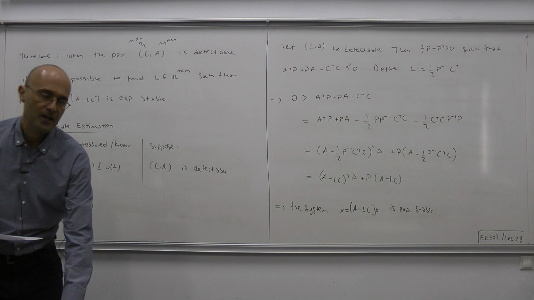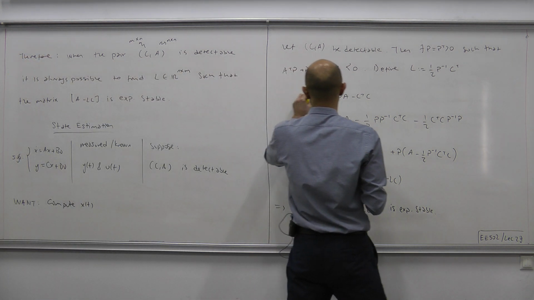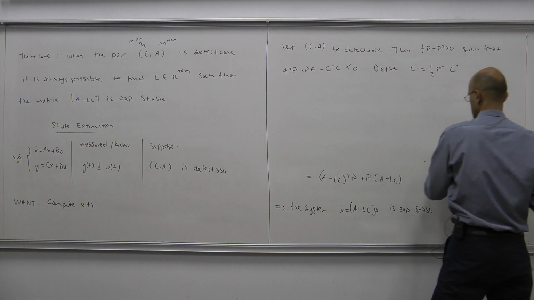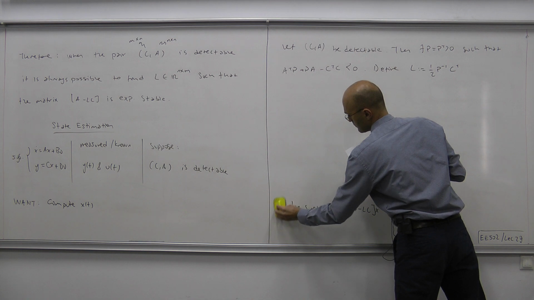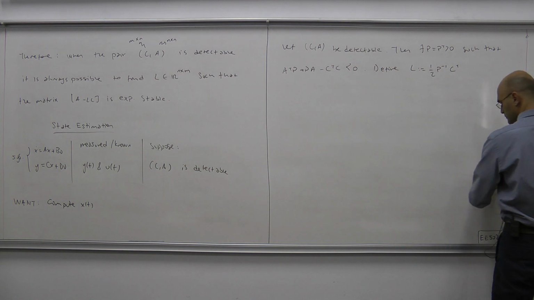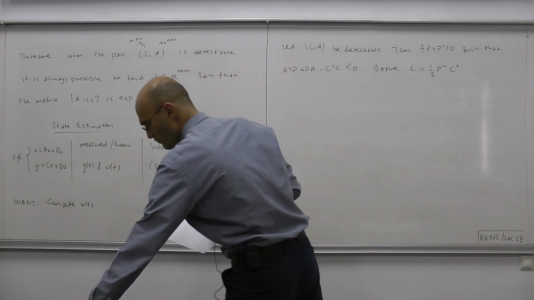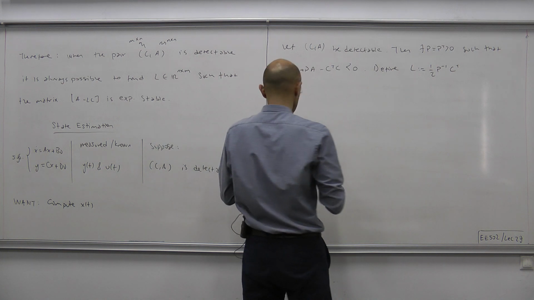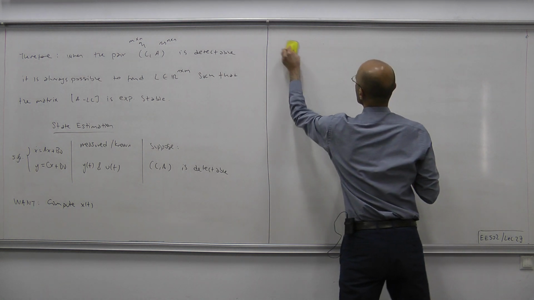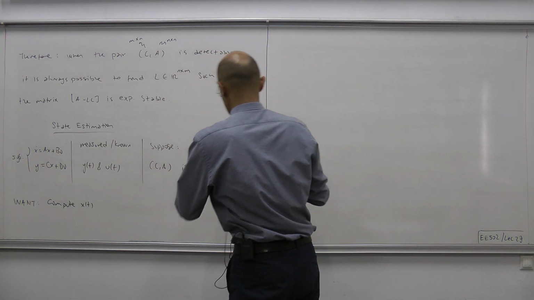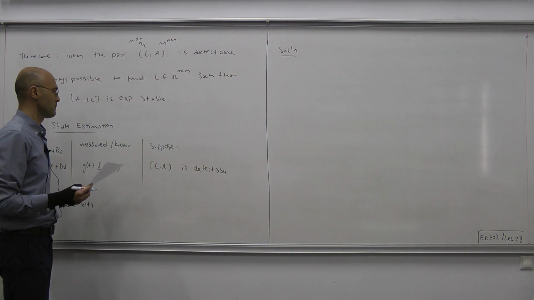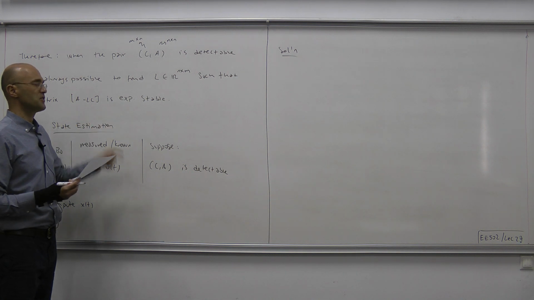Okay, here is a nice solution. We start by choosing an L such that A minus LC is exponentially stable.